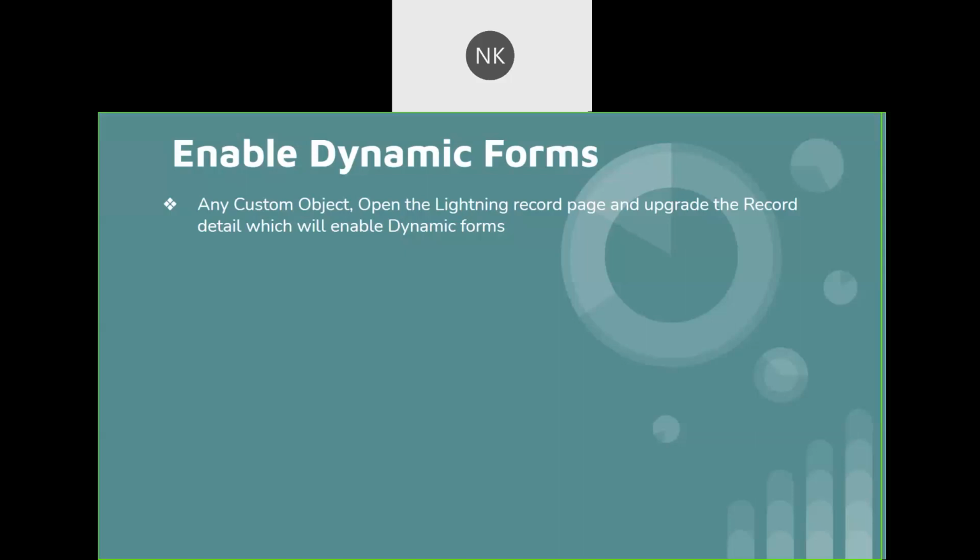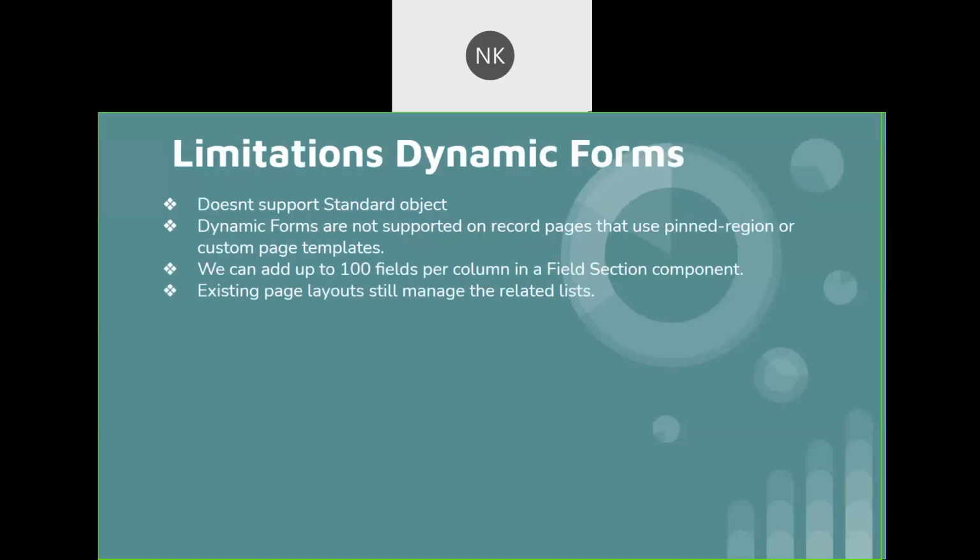Before that, let us also understand certain limitations of dynamic forms. The limitation is that it doesn't support standard objects. It will only support custom objects. On the page layout, we will have certain related lists, right? We will have to use the related list only, because the existing page layout still manages the related list.